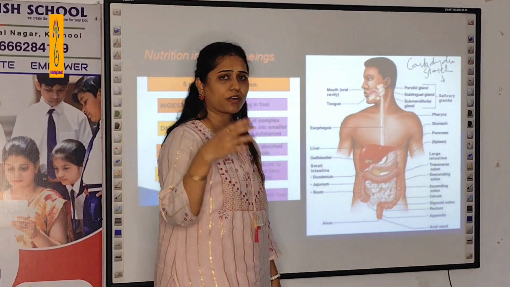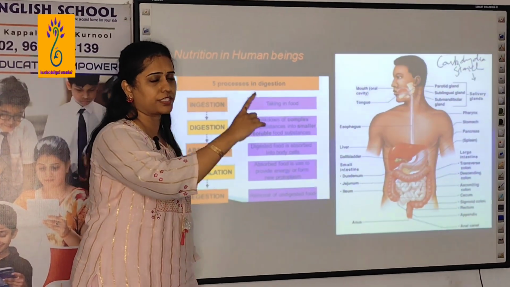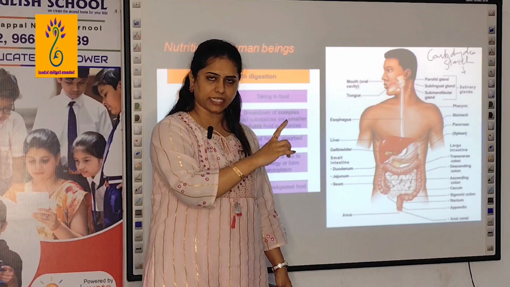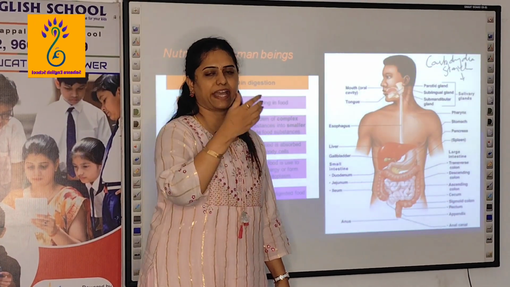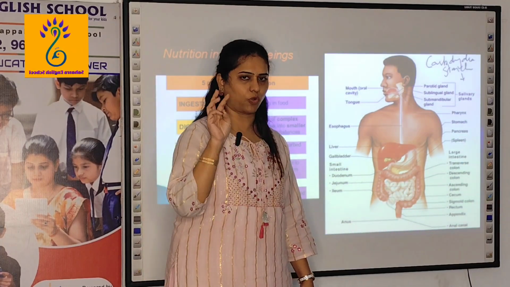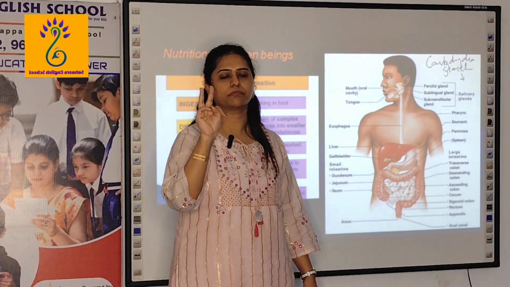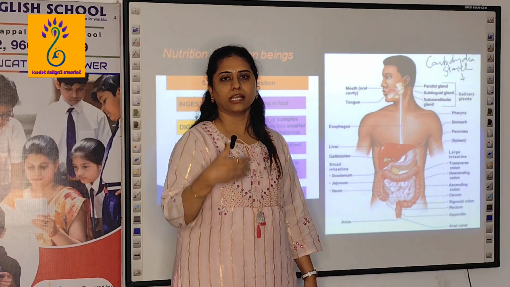So what are all the organs involved in digestion? First it is the oral cavity or buccal cavity, and next it is the esophagus, and from there the stomach to the small intestine. The small intestine has three parts: duodenum, jejunum, ileum, and from there to the large intestine.